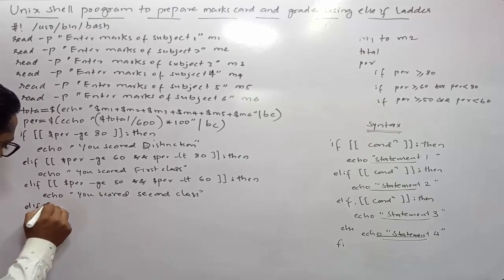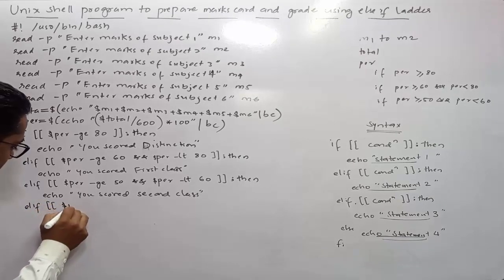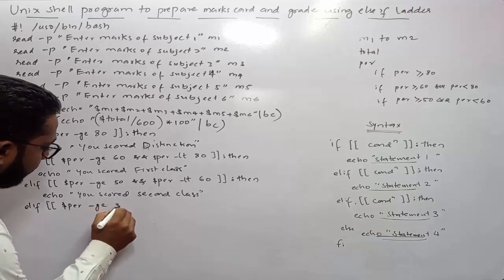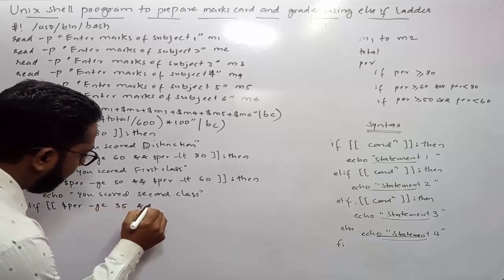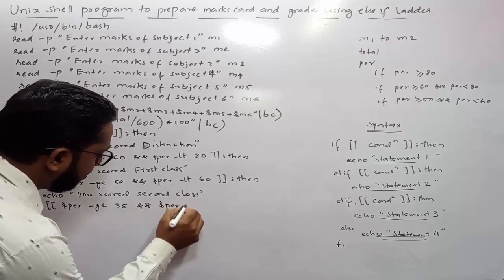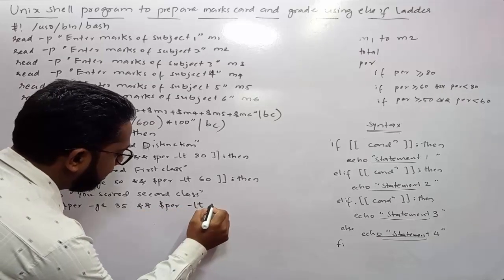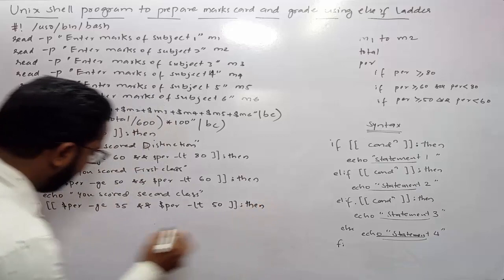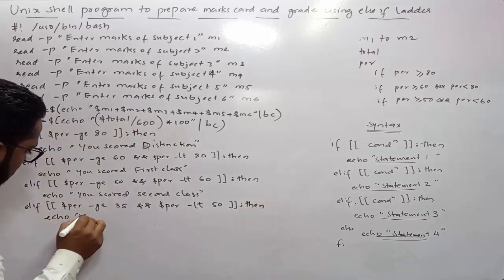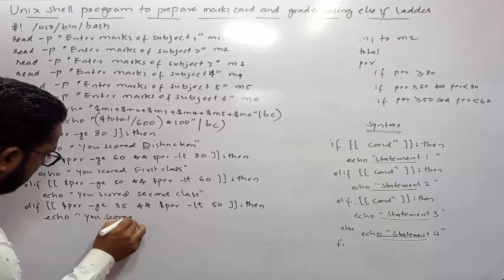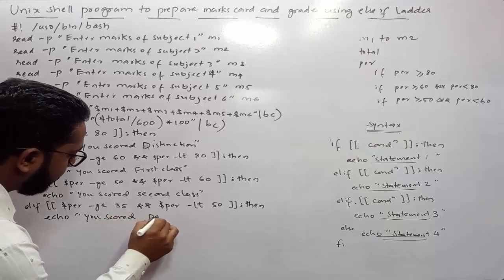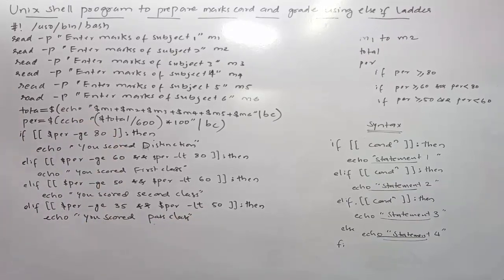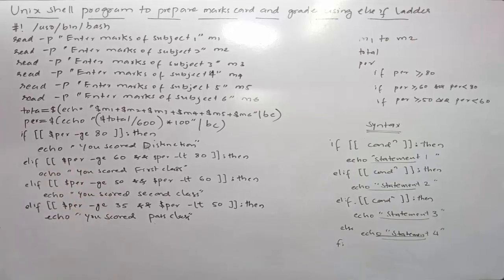Elif space brackets space dollar PER space greater than or equals to 35 and dollar PER less than 50 space close the brackets, then echo "you scored pass class". If none of these conditions get satisfied, that means that student got failed.